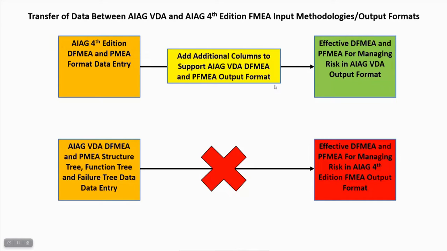So what I'm telling you here is, if you've done this in the 4th edition FMEA method, by simply adding 4 columns, either in the DFMEA or PFMEA, you can move to the required AIAG VDA format. If, however, your method of entry is using software and trees, you can't get a properly constructed 4th edition. I can't say you can't get it. You've got to be really, really, really, really good. I've never seen it done.